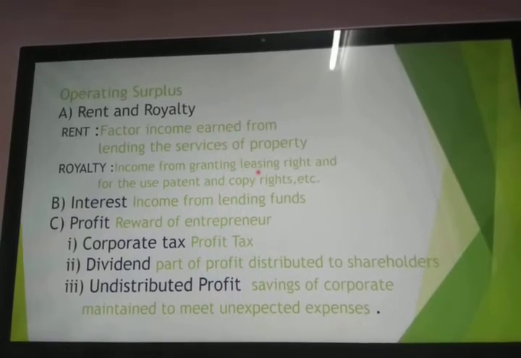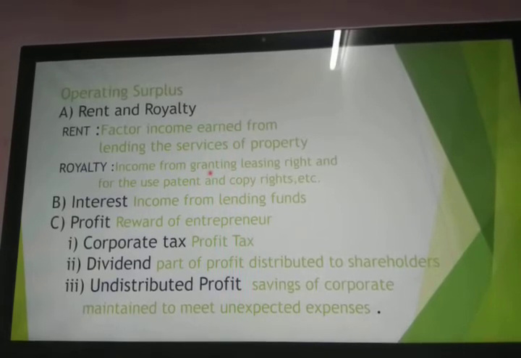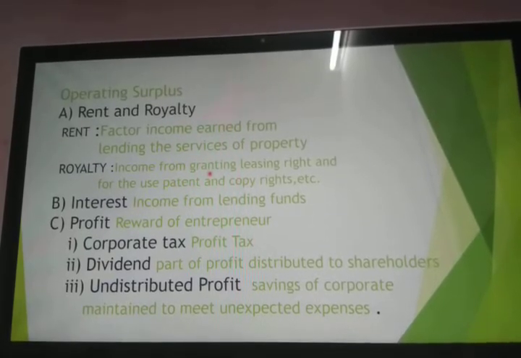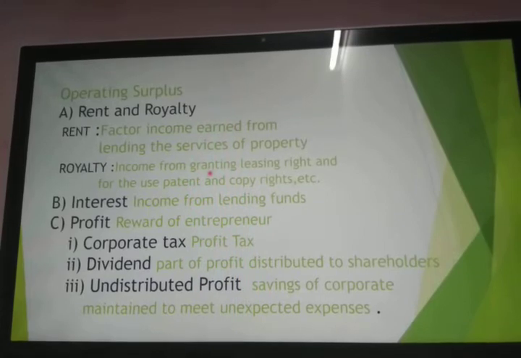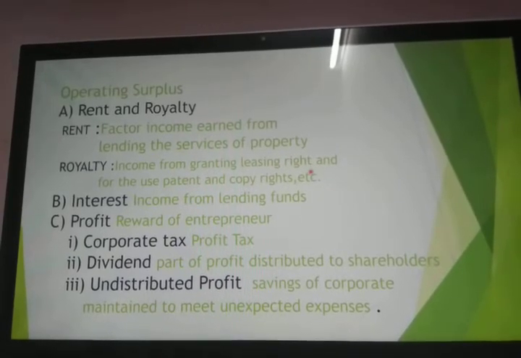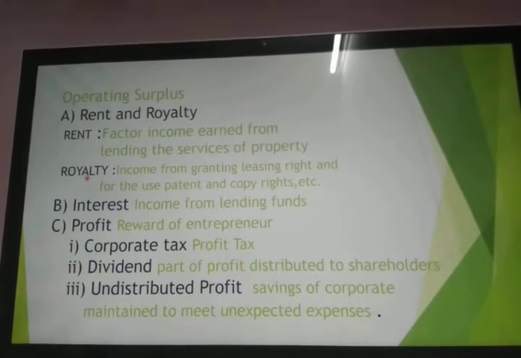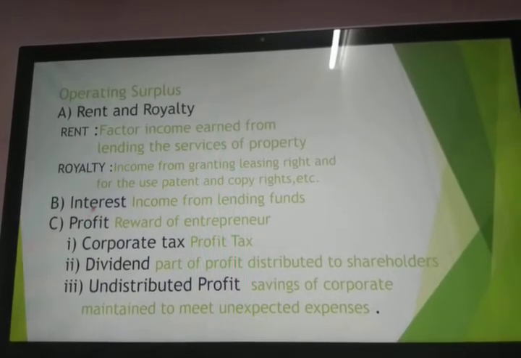Royalties, in other words, are received in the form of income when granting leasing rights or patent rights or copyrights. That means any such innovative ideas or products which are solely owned by a particular person, and that is leased out to be used by others, so that right generates some kind of income, and that is what you call royalty. Interest.